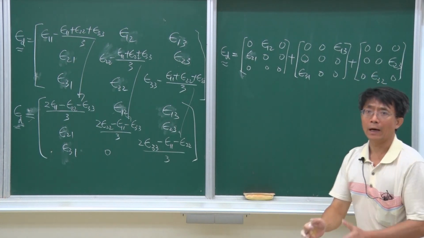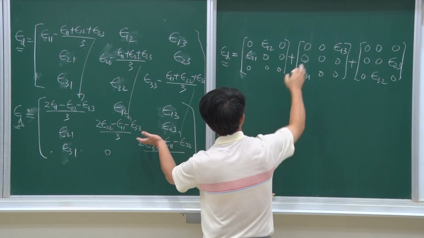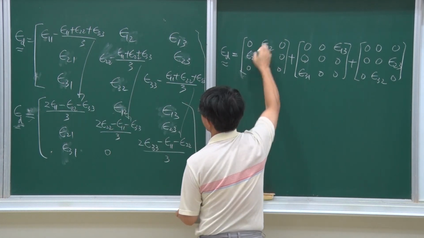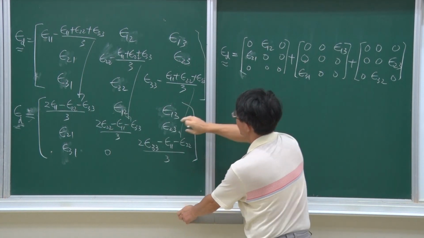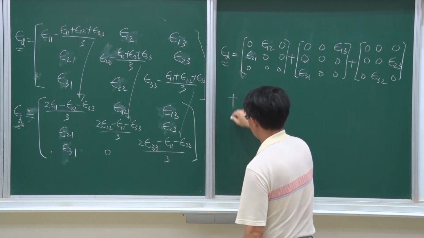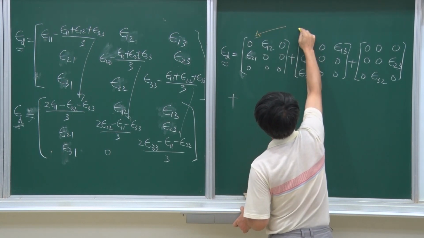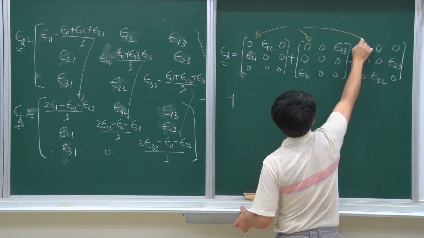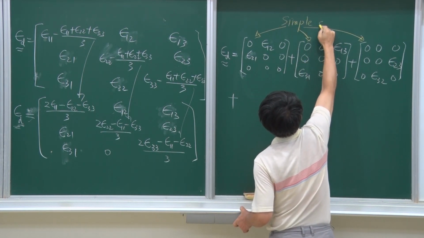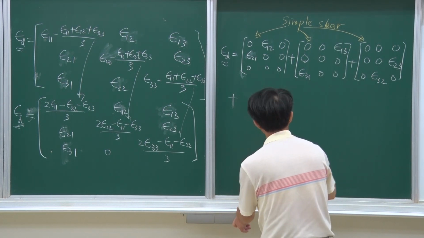As a result, we can decompose this big matrix into 6 matrices. Here becomes here, here becomes here, here becomes here. And then this part, simple shears.